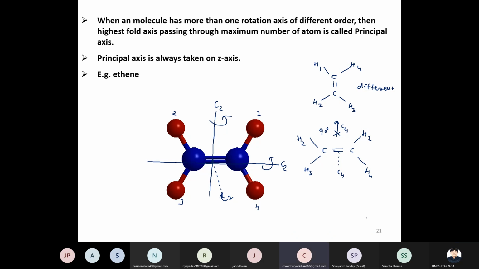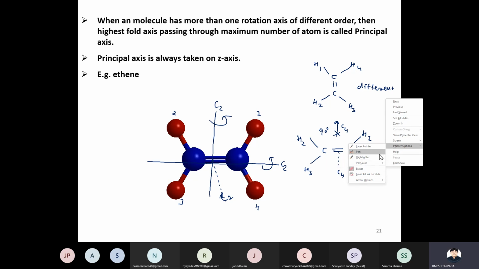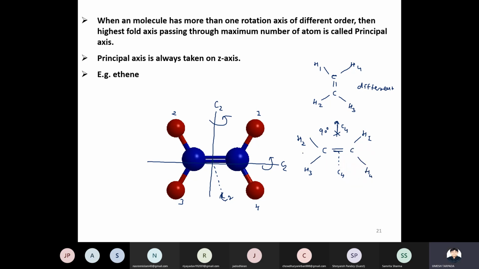C2 and C4 axis, right? Or 1 and 4, which change position, that is C2. The axis which passes through the maximum number of atoms, that is what we call the highest order axis. If there are more axes, then in that case the one which passes through the maximum number of atoms is the principal axis. This is the principal axis.